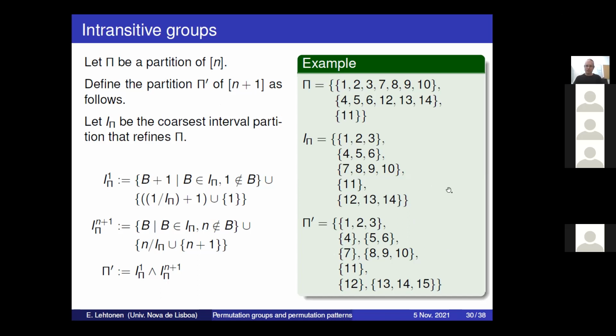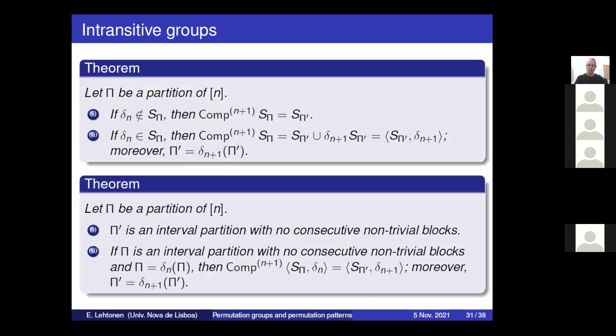And with this construction, we can show that the compatible n+1 permutations of S pi will be S pi prime, provided that the descending permutation is not in S pi. If the descending permutation is there, then we have to take the group generated by S pi prime and the descending permutation. And then this can be repeated.